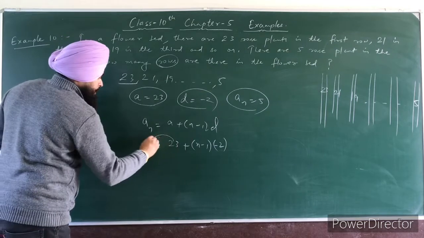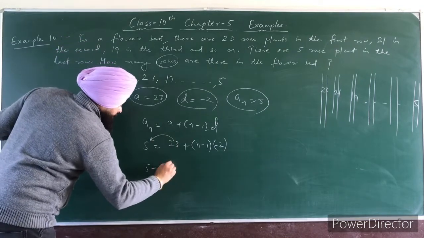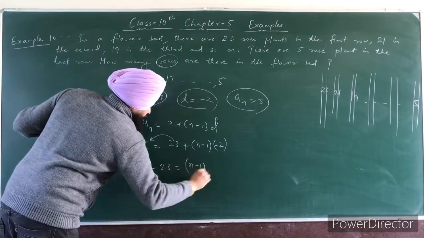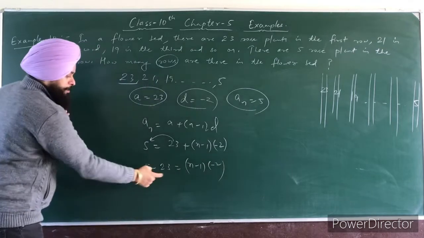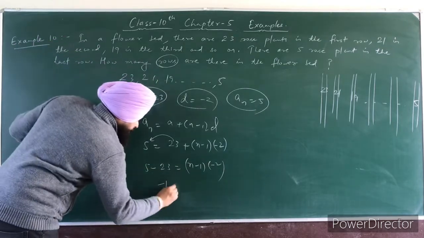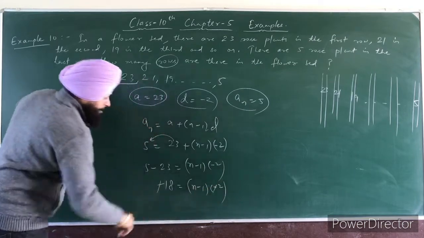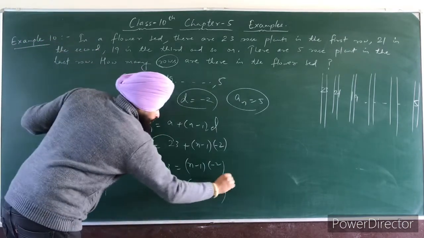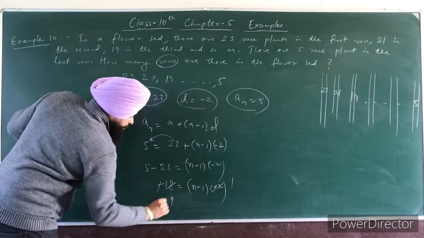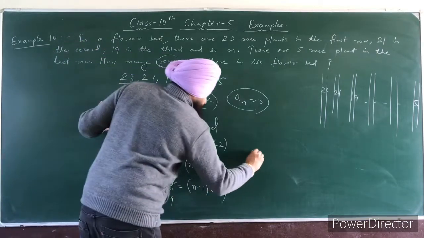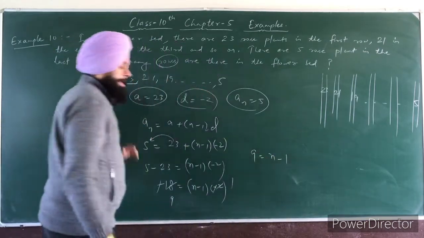So first thing is 23 on left side. Now 5 minus 23 is minus 18. Now this negative sign cancels from both sides, and 2 1s are 2 and 2 9s are 18. So what do we get? 9 is equal to n minus 1.